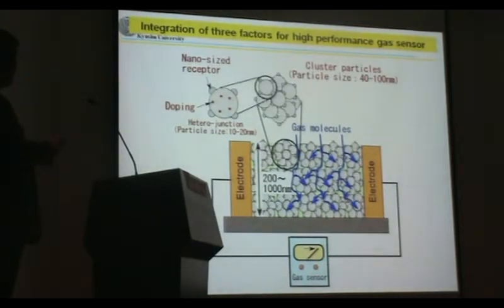So I propose a high performance gas sensor by integrating the three factors.